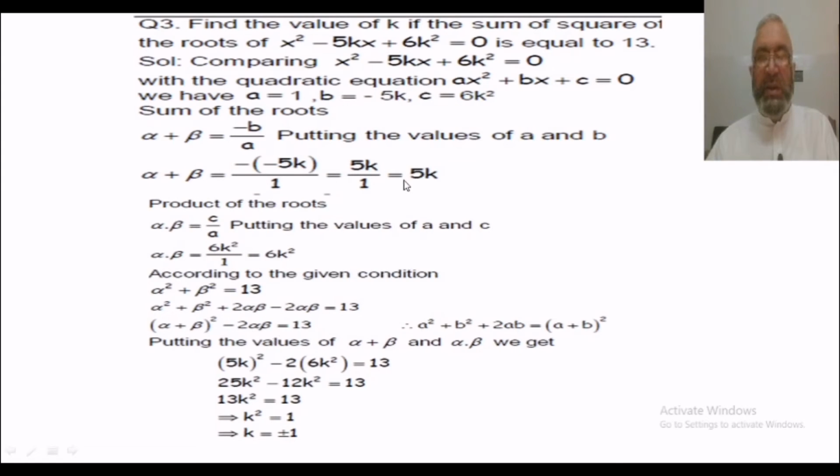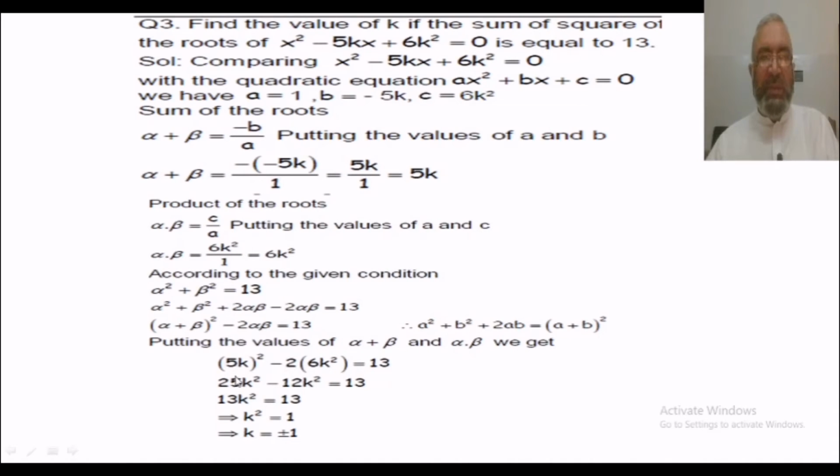Now we get the form in which we have the value of alpha plus beta and the value of the product alpha beta. So putting the values of alpha plus beta and alpha beta in this equation, we get alpha plus beta 5k whole square minus 2 into alpha beta product 6k square is equal to 13.